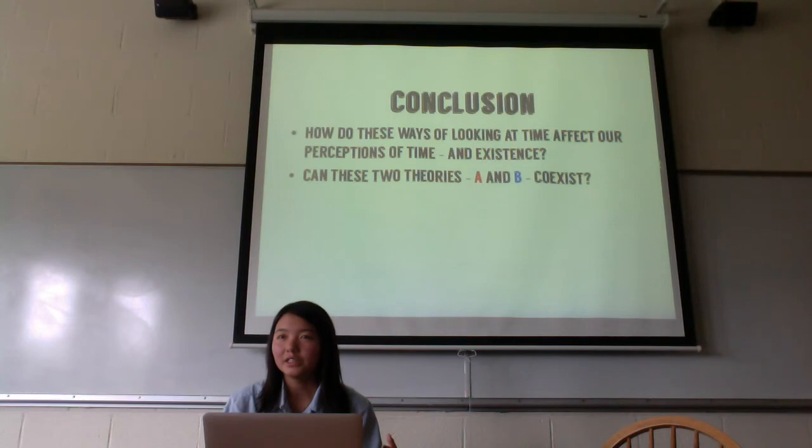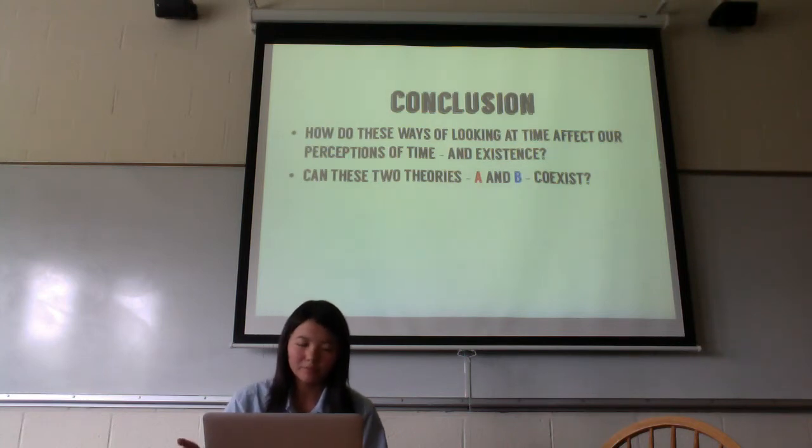But in B series, we see more of a sort of objective view. So do the limits of our perception of time, this is what we perceive as the present, also limit existence? Does only what we see really constitute the limits of existence, or are we maybe just smaller blocks in a greater block of time?